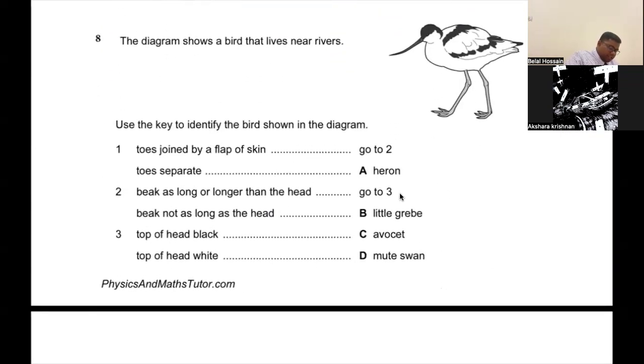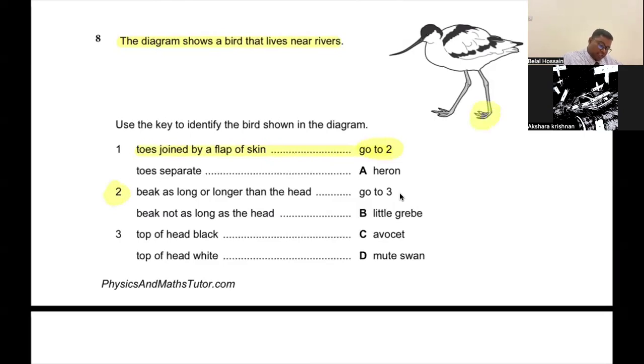Okay, look at the diagram. The diagram shows a bird that lives near a river. Work out the answer and tell me how you did it. Two is joined by a flap of skin. Go to two. Those two are separate.